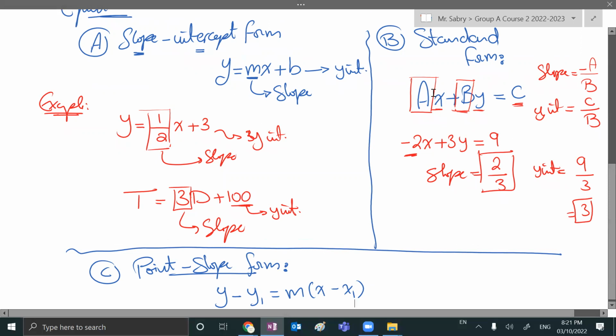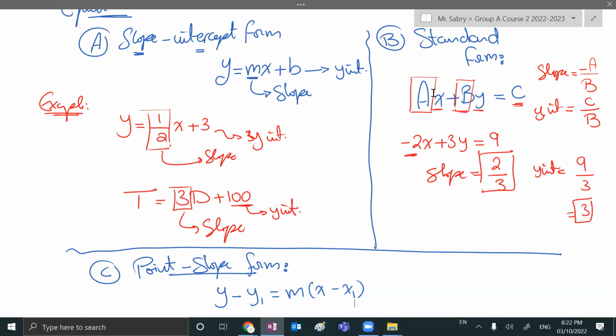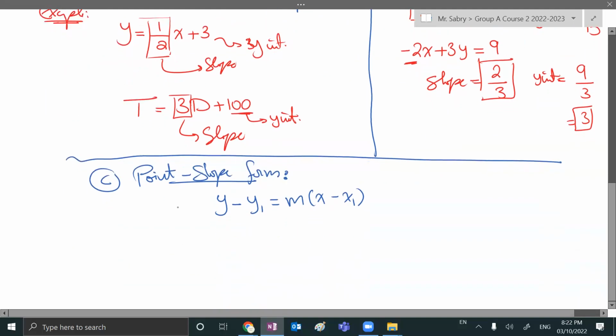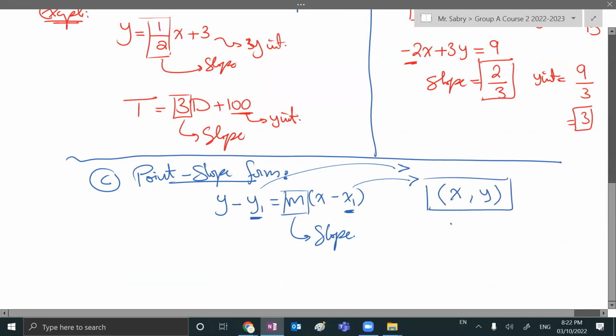The second form, standard form, has x and y on the same side equals everything, or equals a number. While in point slope, y has a number next to it, then there is a bracket with x and a number. This form is called point slope because this number next to the bracket is the slope, while the two numbers, the x and the y with opposite signs, are a point on the line.